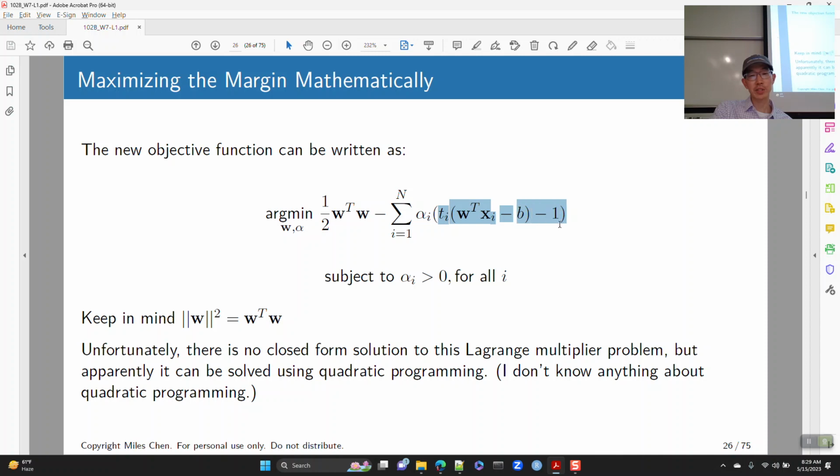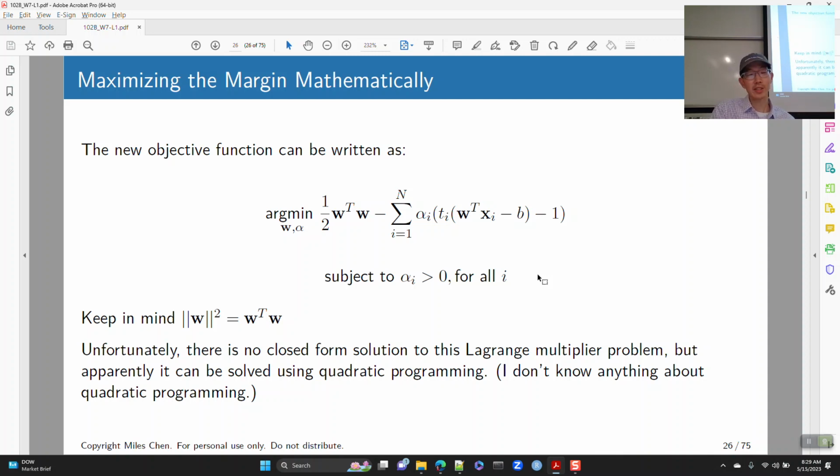I have this constraint, and it says that the classification of this point is correct. So we have to make sure that this is going to work out.